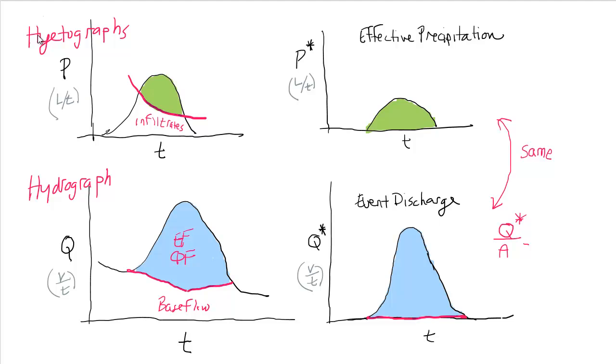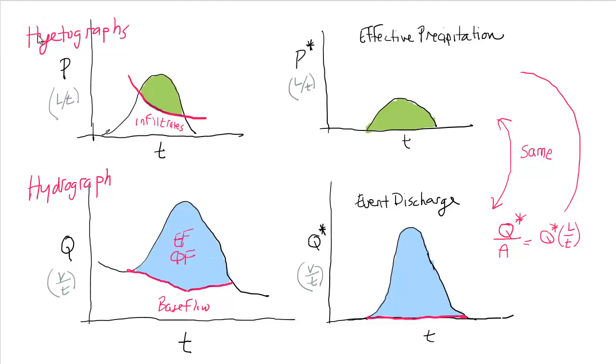That will produce an event discharge in terms of length per time, which is the same dimension as the effective precipitation. So when I'm comparing effective precipitation and saying that it is equal to the event discharge, I've got to produce them in the same dimensions, and I'm going to do that by dividing my total event discharge by the area of the watershed, so that now I can compare them both as a length per time.